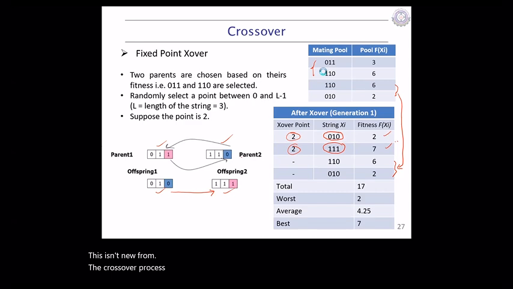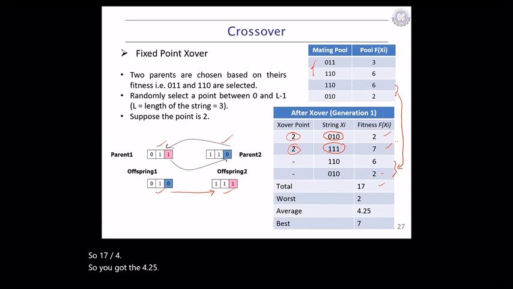So you get this new table with the total: 2 plus 7 plus 6 plus 2, 9 plus 8, so 17. The worst is 2, which is 0, 1, 0. The average is the total, 17, divided by the number of individuals, 4, so you get 4.25.